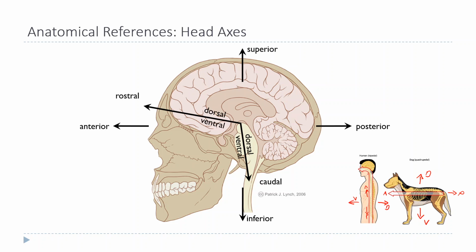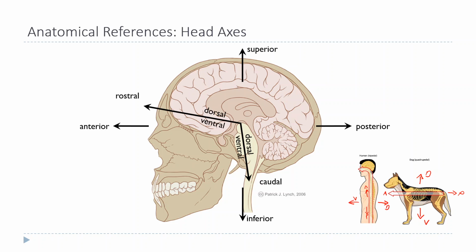But in the brain or in the head, we rotate those axes because essentially your head is rotated forward 90 degrees with respect to your body. Or if you prefer to think of it, when we descended from animals that walked on four legs, when we went from being quadrupedal to being bipedal, our body axis rotated 90 degrees.